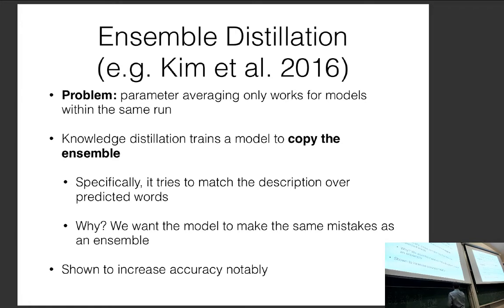So if you have a probability distribution, normally what we do is we try to minimize the loss of the model with respect to the true label, where the true label is expressed as a one-hot vector like this. But what we do in distillation instead is we minimize the cross entropy with respect to the predicted values, like this.